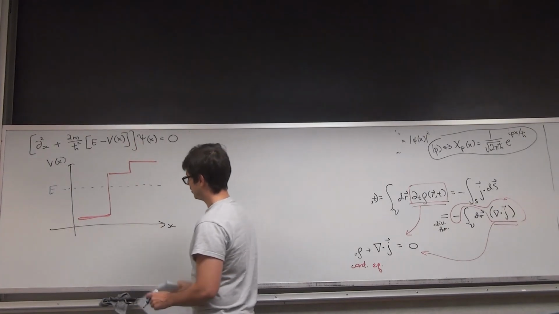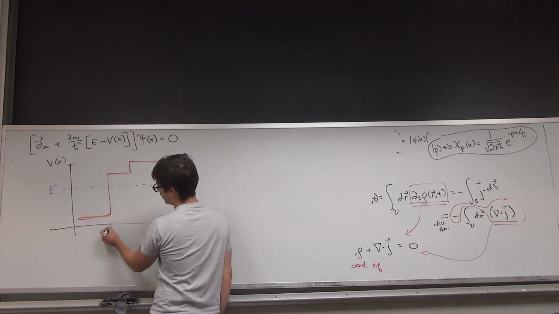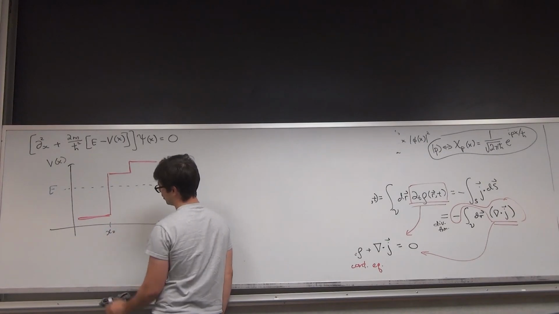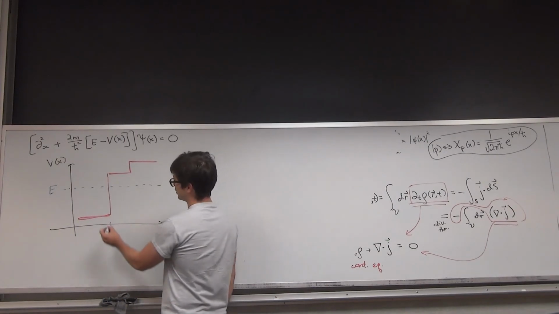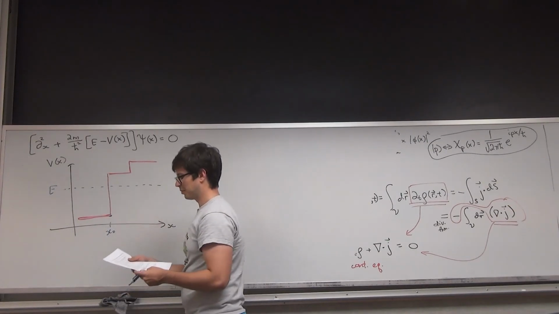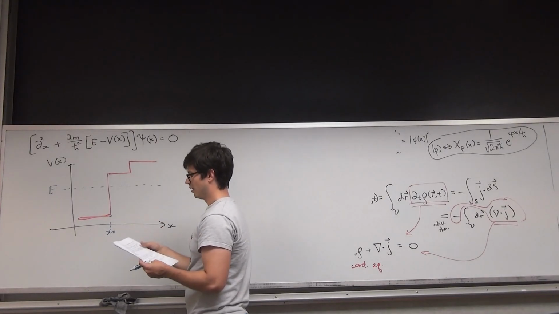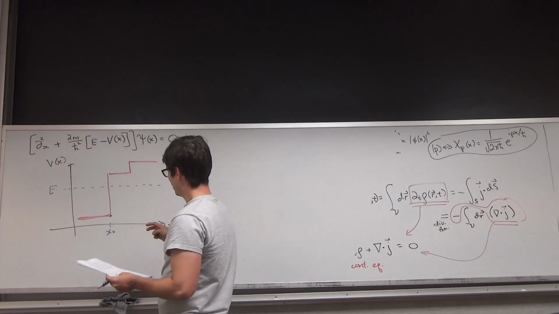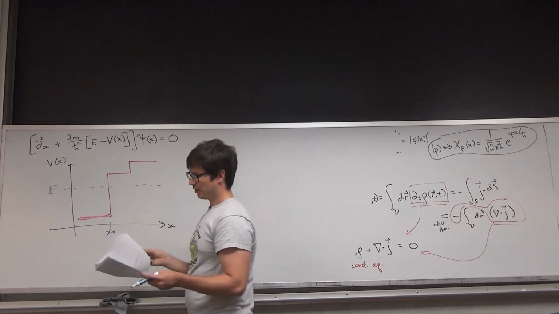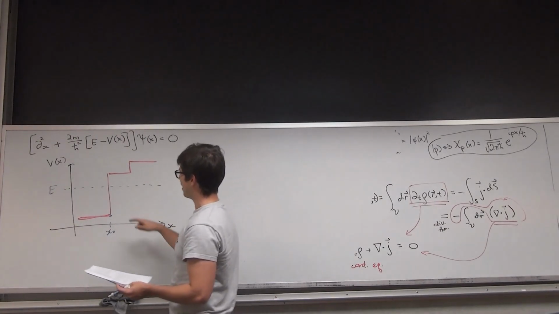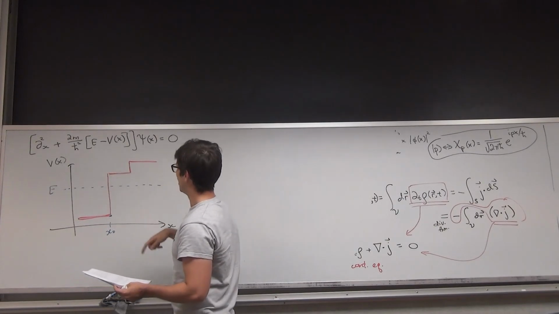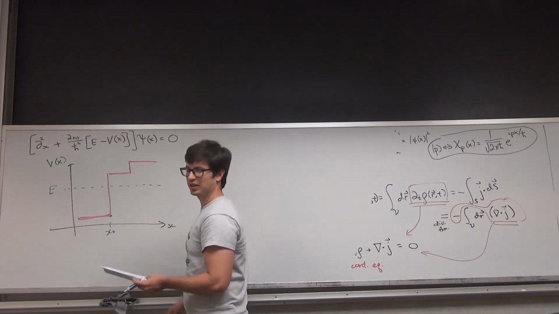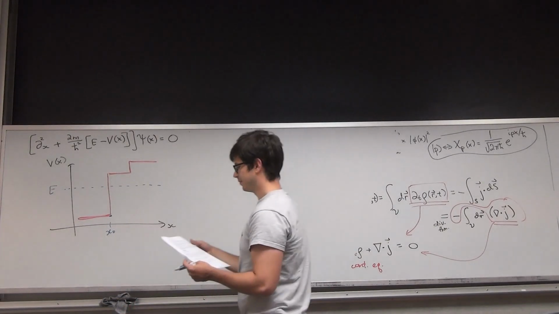But for now, suppose we look at one of these jumps. We also want to know what happens at these jumps, across which your potential jumps from one value to another. And in particular, what we want to do is look at what happens to the derivative of psi of x, just to be sure nothing funny is happening.